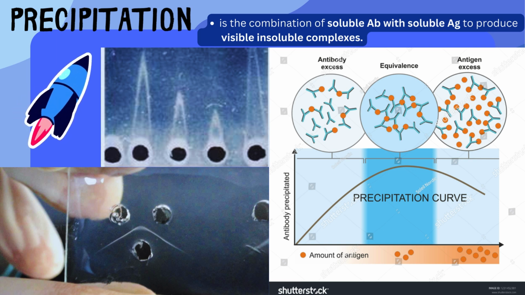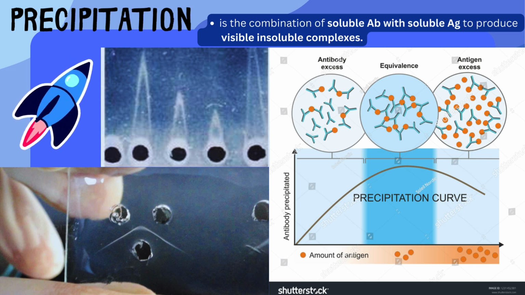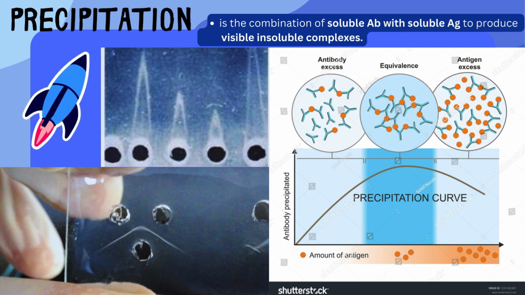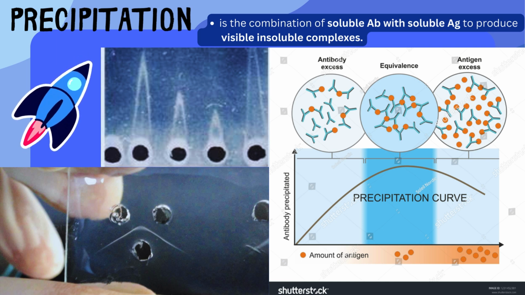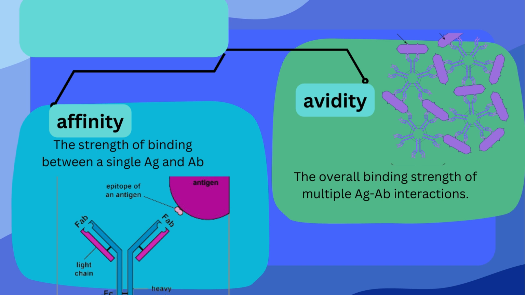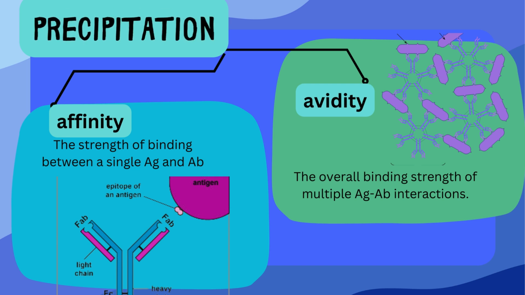When the antigen and antibody are present in optimal proportions, they form visible aggregates or precipitates in solution. Largely, precipitation reactions are used to determine the presence of antigens or antibodies in test samples.